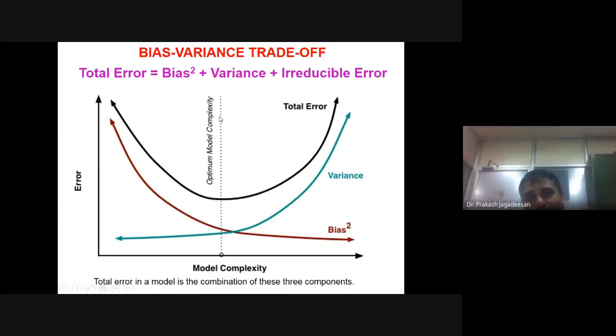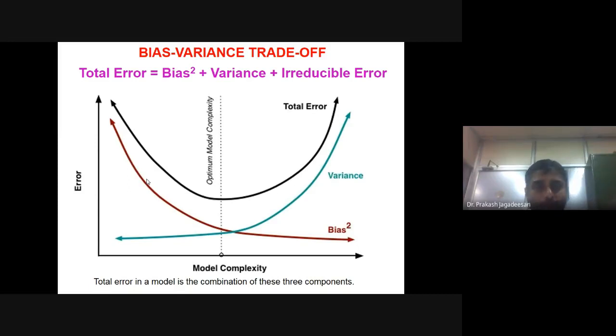So you can see this optimal model complexity, which is a demarcation line. To the left of this dotted vertical line, the variance is low, and on the other hand, your bias is high. So if the complexity of the model is very low, then bias will be high, but variance will be low.